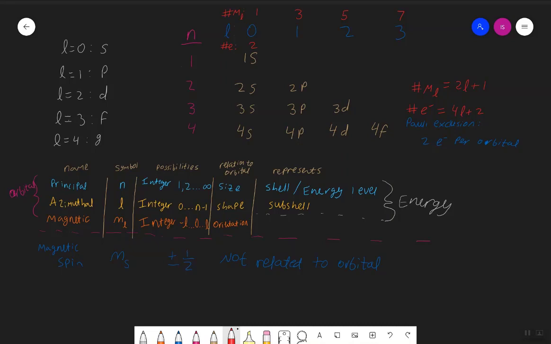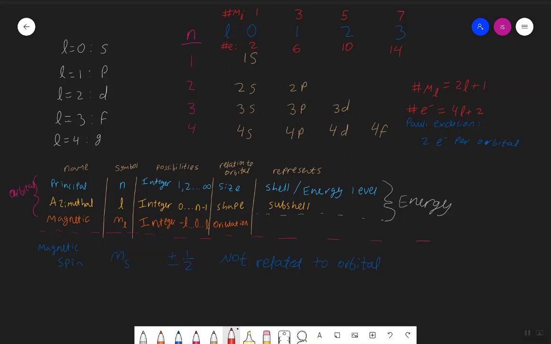A p orbital can have 6 electrons, a d orbital can have 10, and an f orbital can have 14, a g orbital, hopefully you see the pattern, could have 18, etc. And so that's the number of electrons that we can have in each orbital.